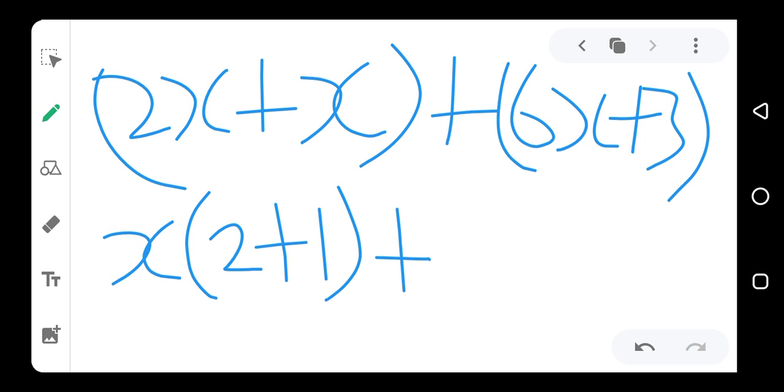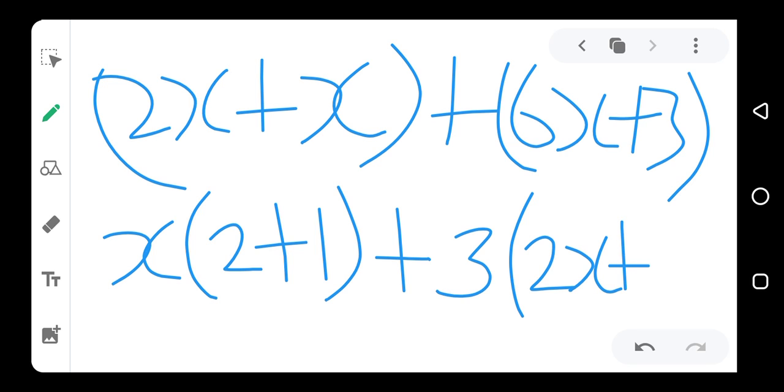Then plus, what is the common factor between 6x and 3? We have 3. So we bring out the common factor. 6x divided by 3, we have 2x, plus 3 divided by 3, we have 1.